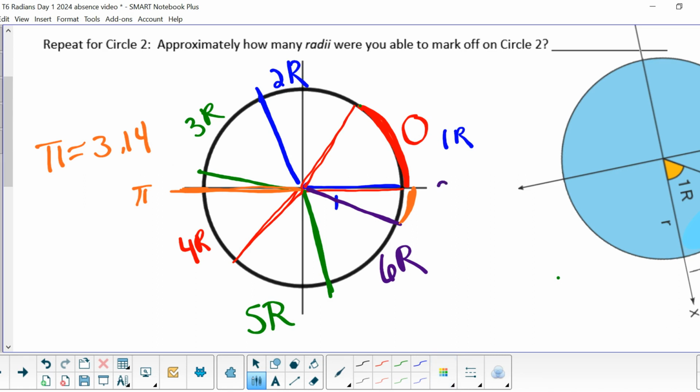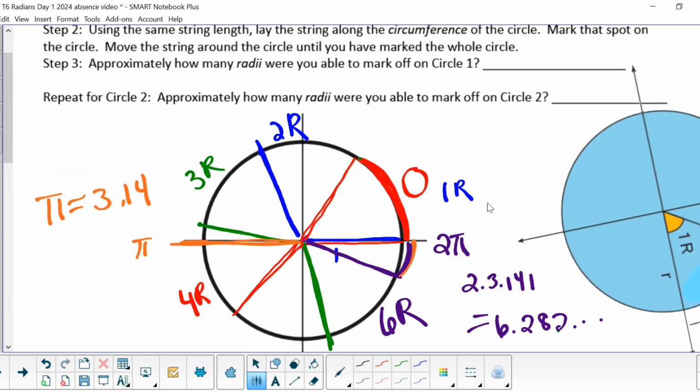So over to here, we're now at 2 pi radians, which, again, pi is about 3.14, which means going all the way around the circle is 2 times 3.141..., which is equal to 6.282, etc. So this little part here is double this little part over here. The whole thing is double pi, but you can see that the way this all works out is you end up with 6 plus a little bit more radians.